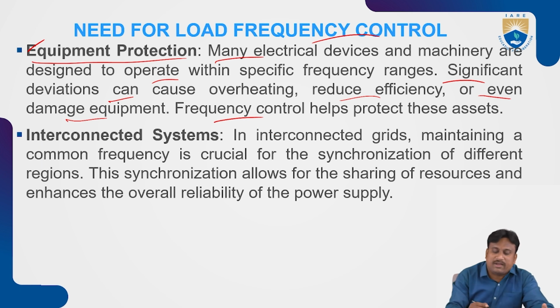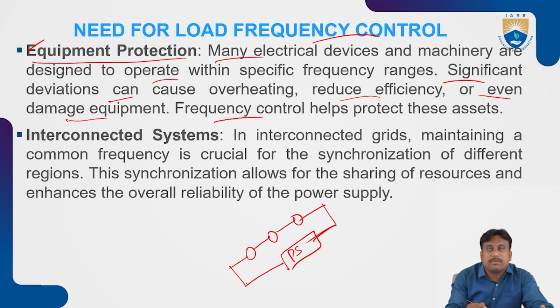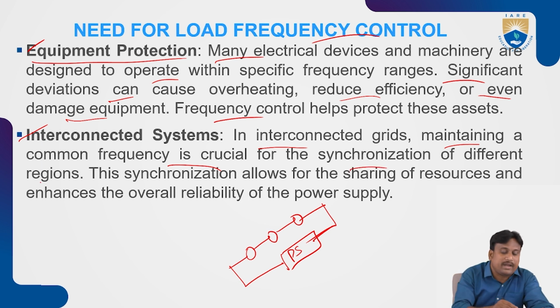That means whatever blocks are interconnected to the main power system network are to be protected with the equipment protection scheme. When there are interconnected systems in interconnected grids, maintaining a common frequency is a big task. It is a very crucial situation for the synchronization of different regions.